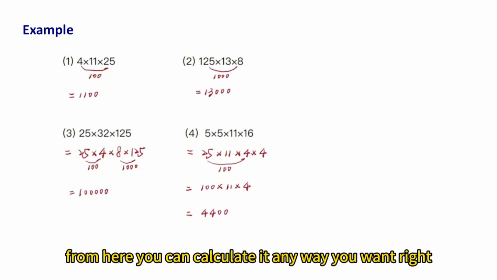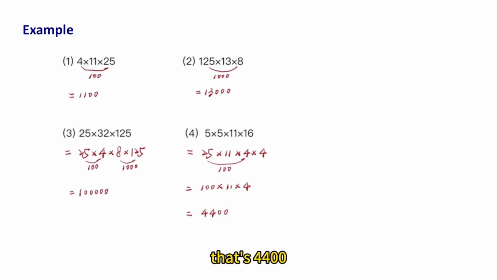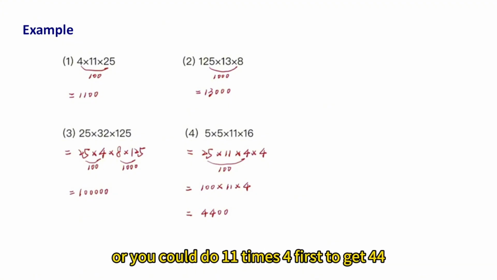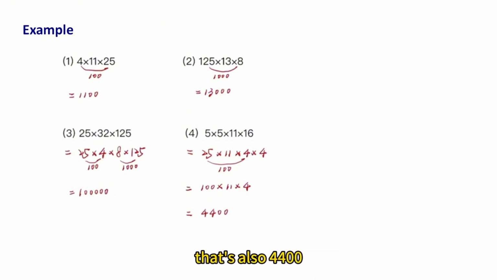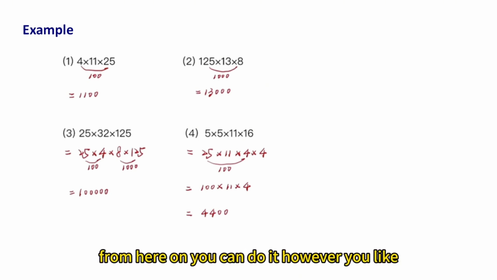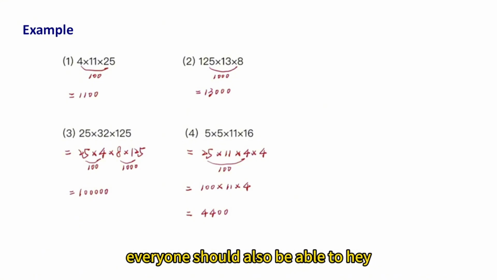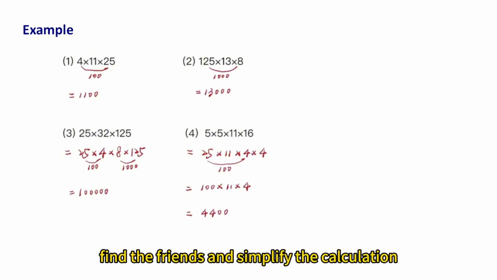From here you can calculate it any way you want, right? That's 4,400. Yes, 1100 times 4 is 4,400. Or you could do 11 times 4 first to get 44, then times 100. That's also 4,400. So this just means that when we encounter these longer expressions, everyone should also be able to find the friends and simplify the calculation.